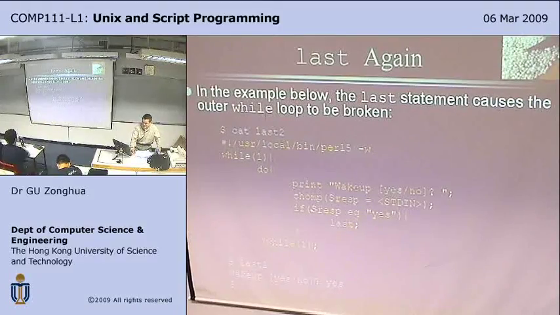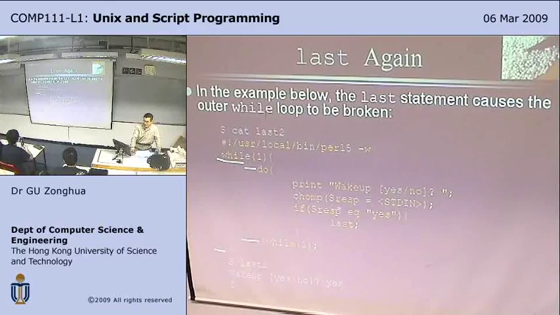Here's another example. You have a while in the outer loop and a do while in the inner loop. It looks really redundant, really weird. You do a last in here.